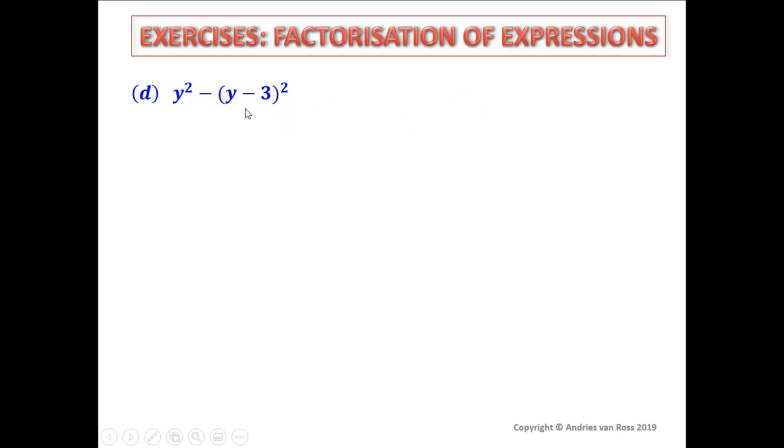So we see here we do have a difference of two squares, the y squared and then the bracket y minus 3, that's also a square. So we can solve the difference of two squares. How do we do that? We've got our two brackets, and then in the first bracket we know that we've got the square root of the first term, which is y, and then we've also got the square root of the second term.